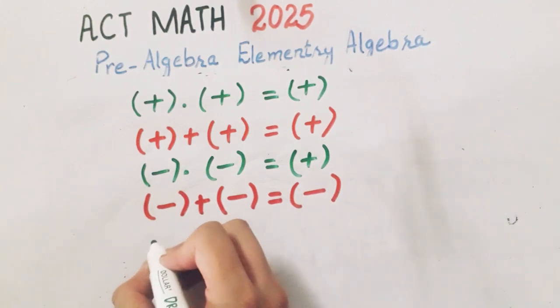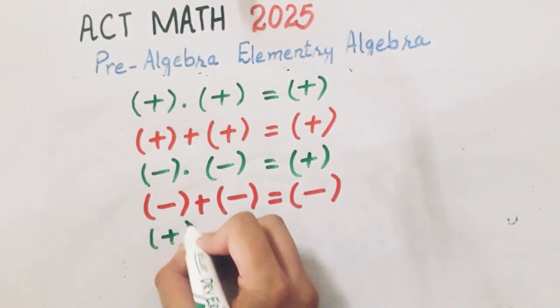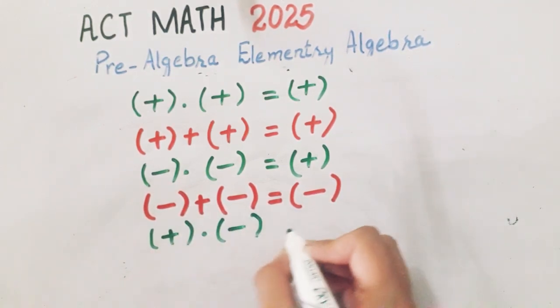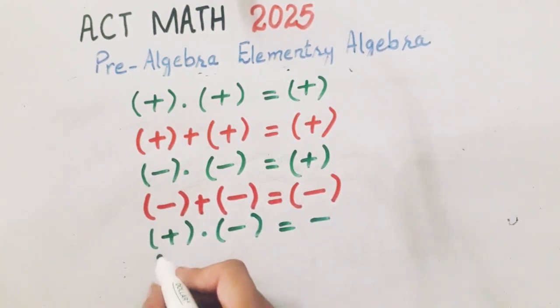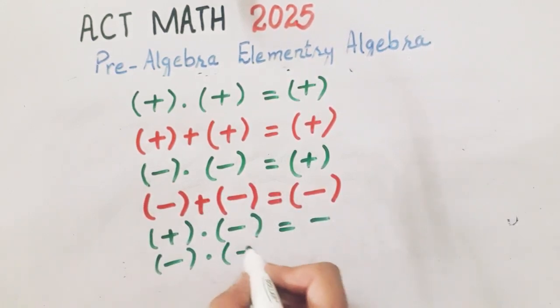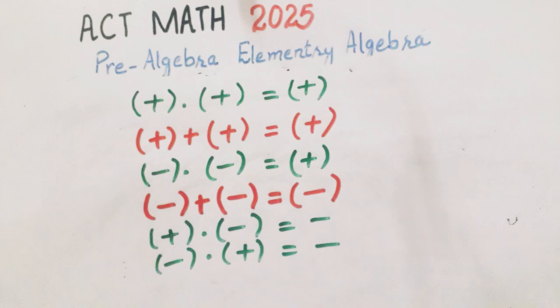When opposite signs are multiplied, the answer is negative.